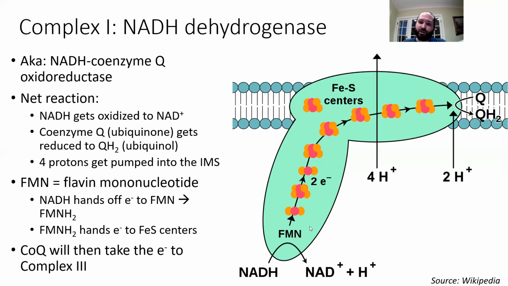I don't think you should super worry about FMN, but if you see FMN, just be like, oh yeah, that's in complex 1. We don't see it anywhere else as far as I'm concerned for the MCAT.